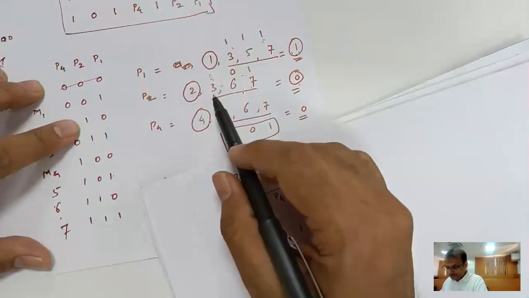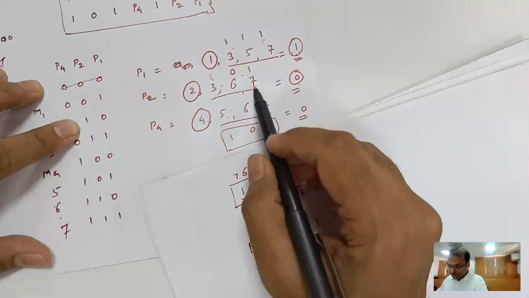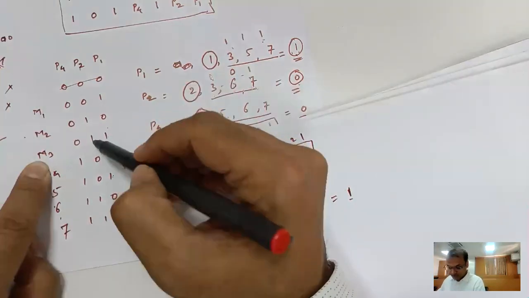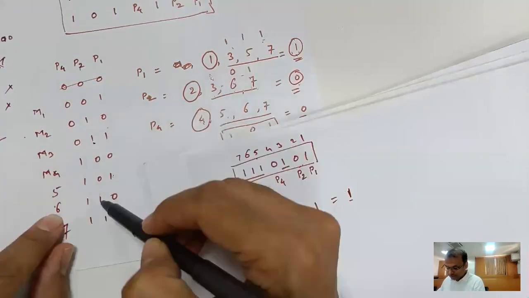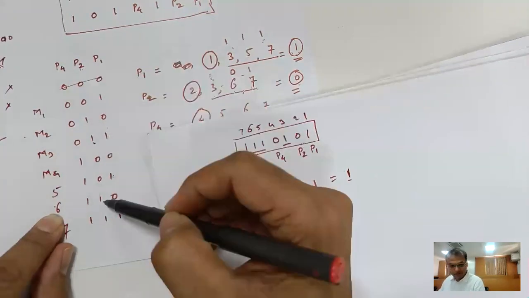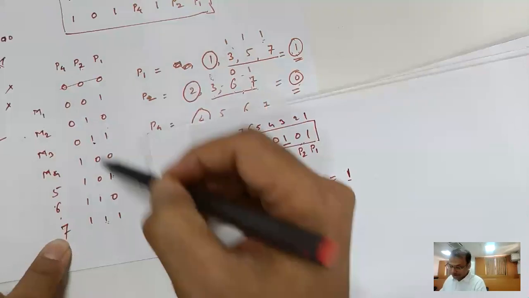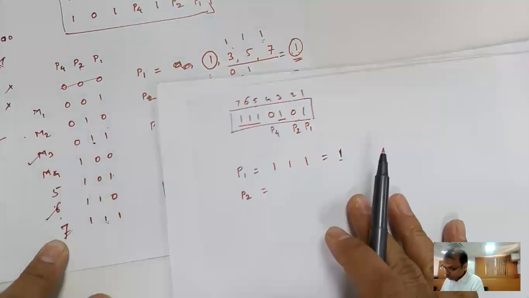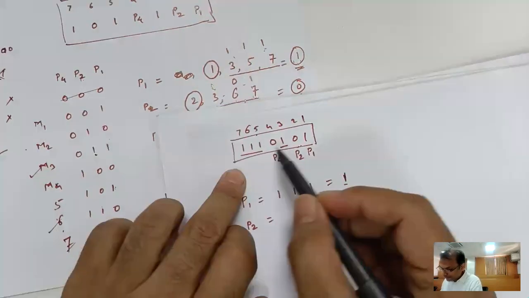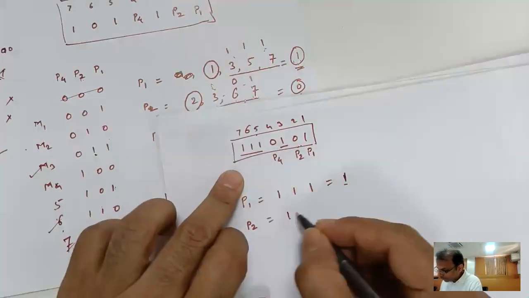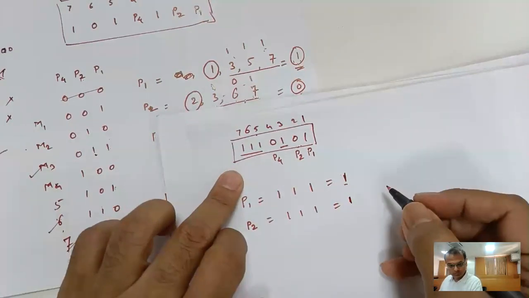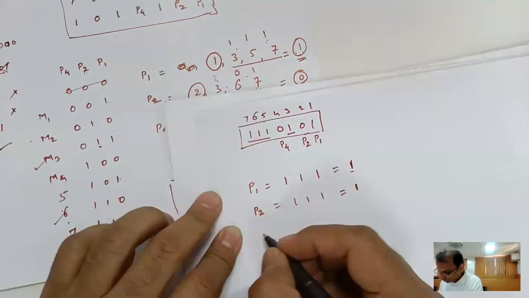Why these are 3, 6, 7? Because bit 3 will have P2 as 1, bit 6 will have P2 as 1, and bit 7 will have P2 as 1. That's why we have selected 3, 6, and 7. So what is 3, 6, and 7? All are 1. So it will have 1.